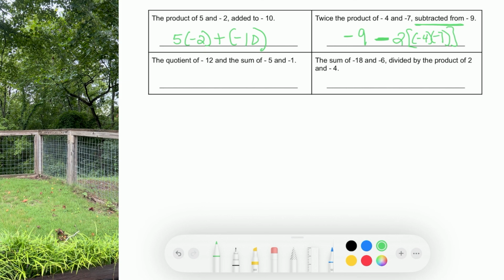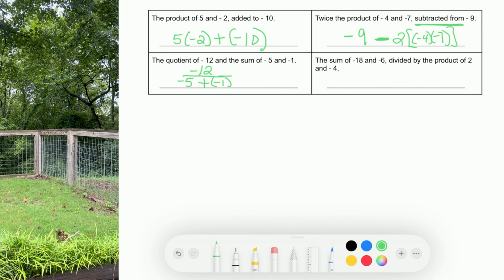Next example, the quotient of negative 12 and the sum of. All right, that and is indicating we are transitioning from the numerator to the denominator. So the quotient of negative 12 and the sum of, which means we're going to be adding something, negative 5 and negative 1.